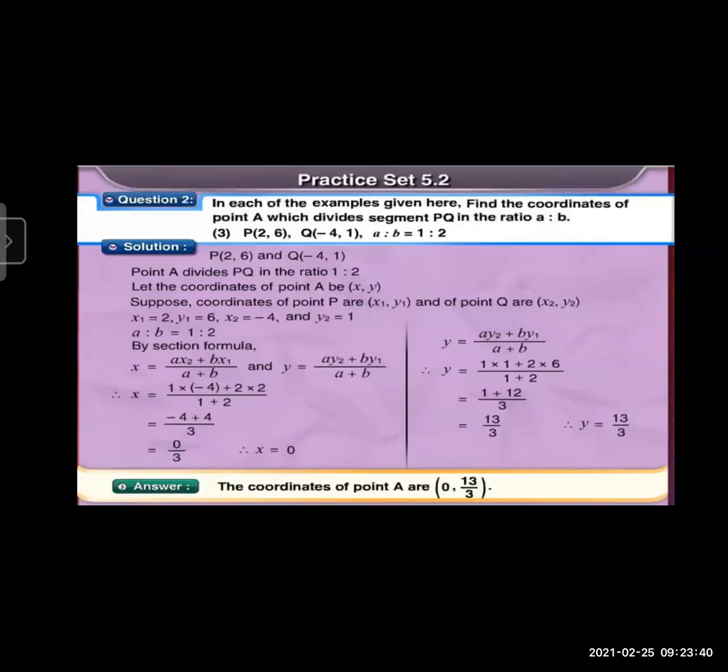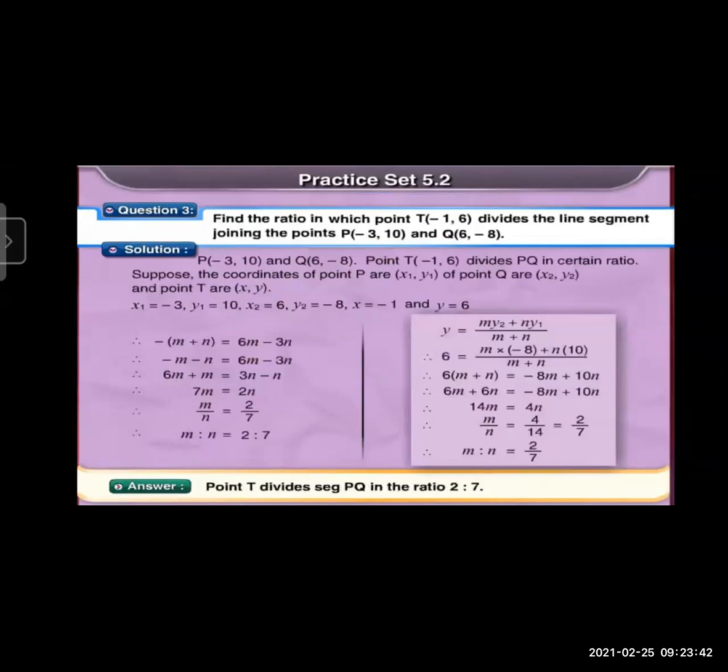Okay, now next question, question number 3. Find the ratio in which point T, that is (-1, 6), divides the line segment joining the points P(-3, 10) and Q(6, -8). So see in this figure, what we have to find?